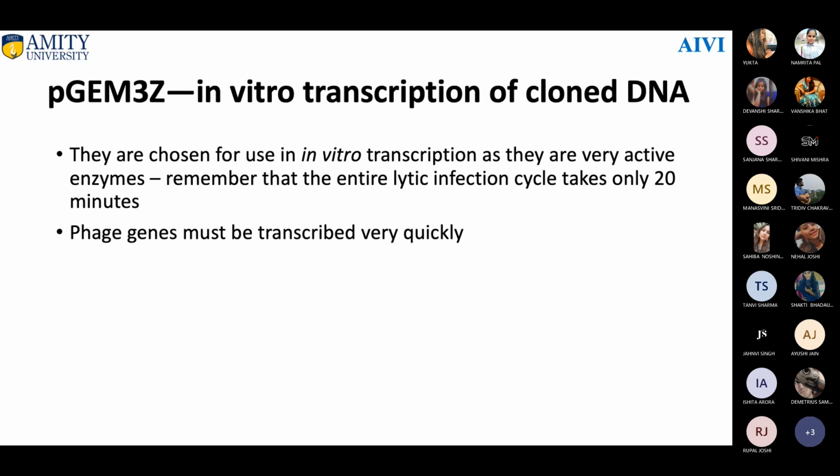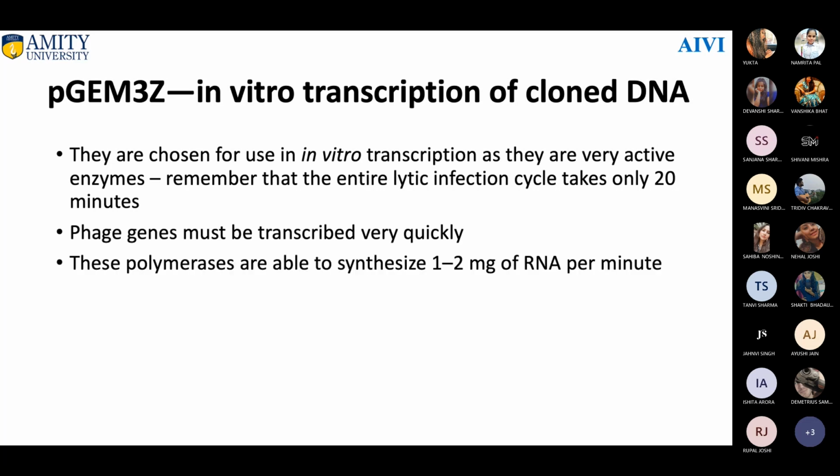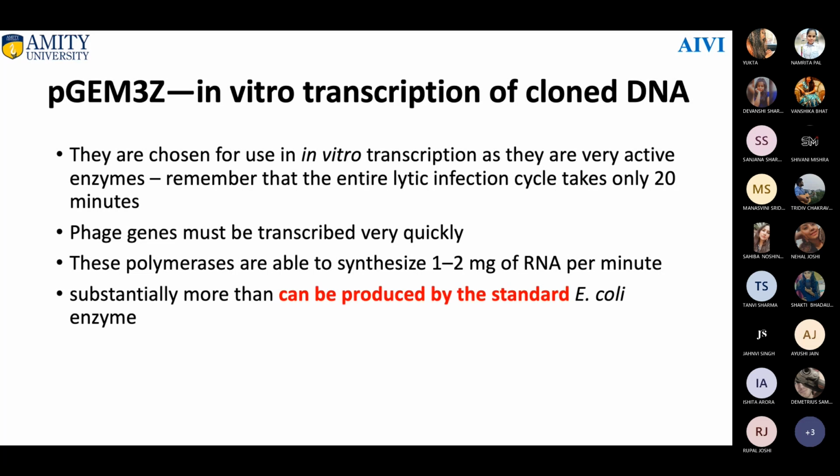For that transcription, the primary requirement is the promoter site. As you have studied in a previous semester, I think, about the operon system, the lac operon and tryptophan operon, there are upstream and downstream sequences. Upstream means before the start site, and downstream means after the start site.